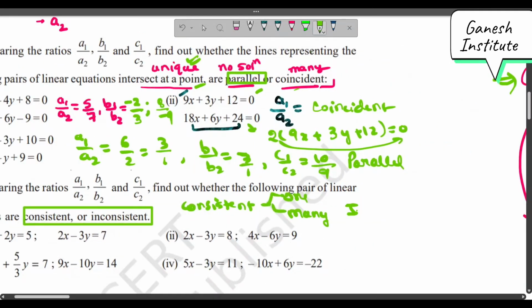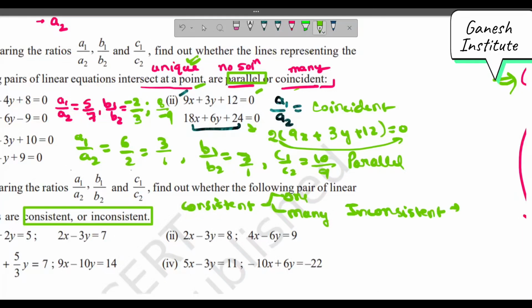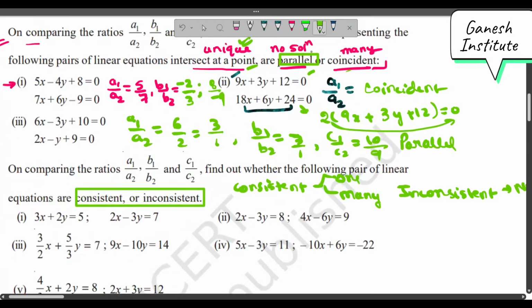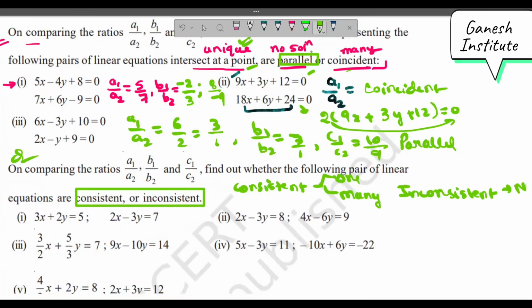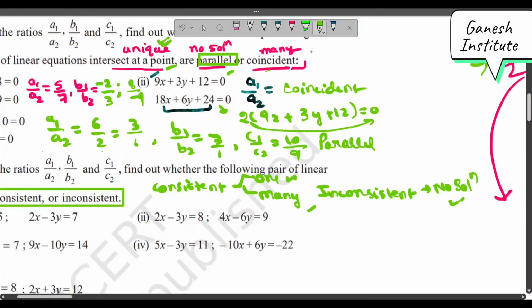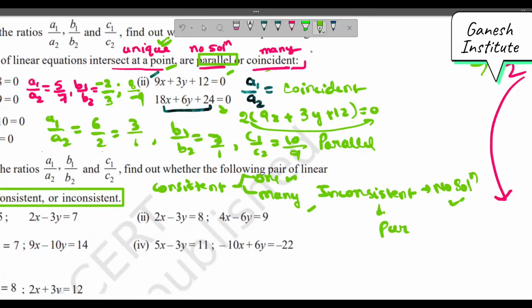So indirectly, what they want to ask in this question is whether it's parallel, that is, no solution.